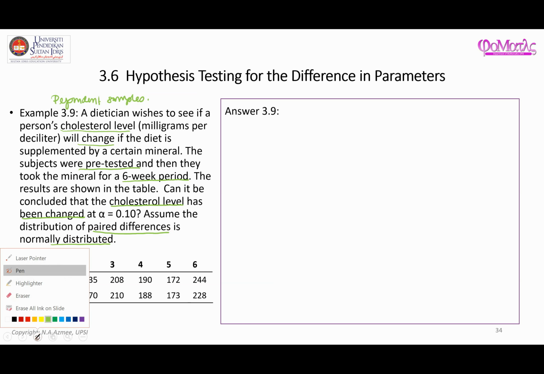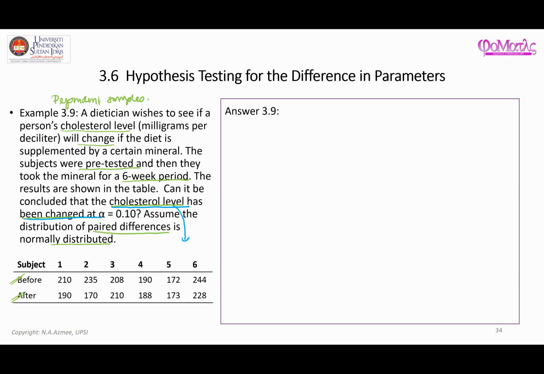Right, so if you look at this statement given here, cholesterol level has been changed. So basically you're looking at whether mu b, the mean of the cholesterol level before, is not similar, because if it is changed, therefore the cholesterol level is not going to be similar to the mean of cholesterol level after the diet is supplemented by a certain mineral.